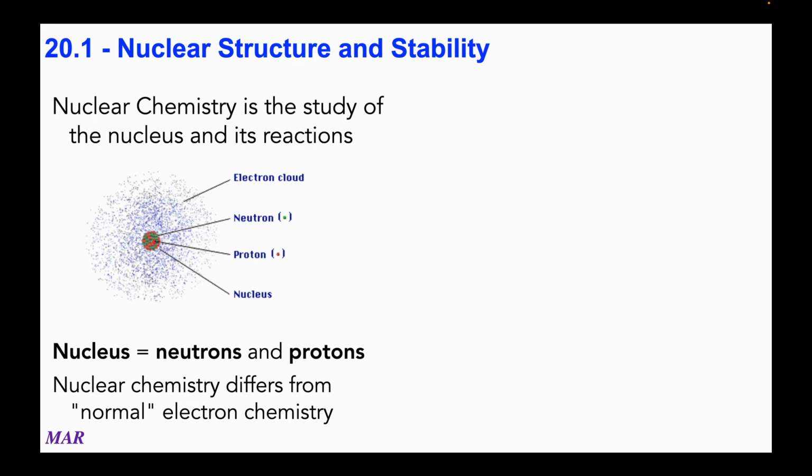If that was actually the size of an atom, the nucleus would be so small we couldn't see it in this picture. There's a lot of energy in the nucleus, so the reactions within the nucleus are going to be much higher energy, and the reactions in this section will look quite different from the previous chapters that we've seen.